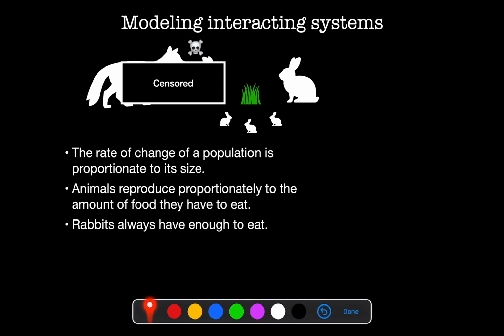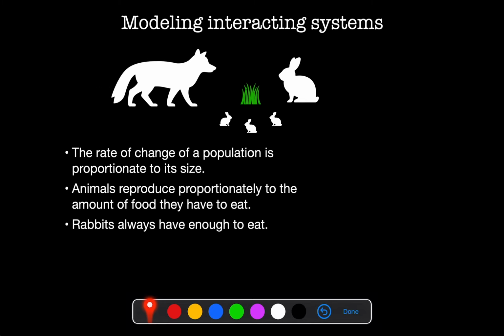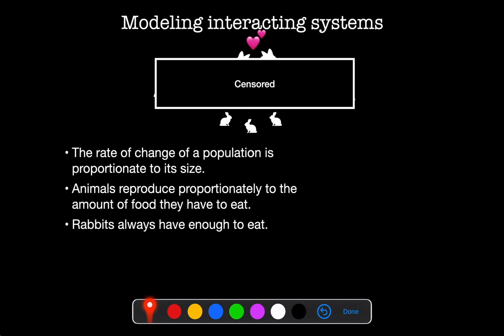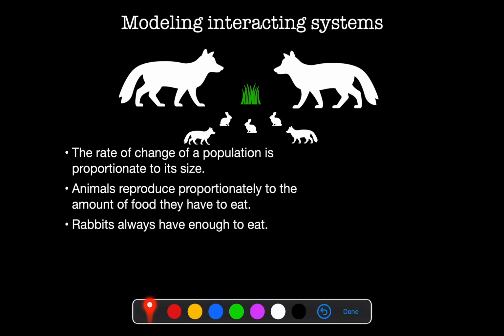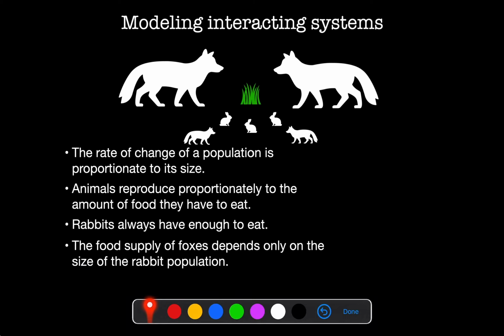The foxes eat the rabbits, and as the foxes eat the rabbits, foxes then produce more foxes. In this model, foxes only eat rabbits, so the entire food supply of foxes is dependent on the size of the rabbit population. So this is a really simplified ecosystem. And we're going to assume that there's no evolution and no environmental change. So what happens now is going to be the same as what would happen in the future.